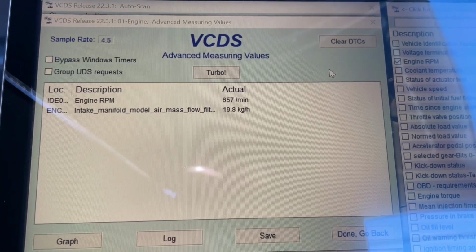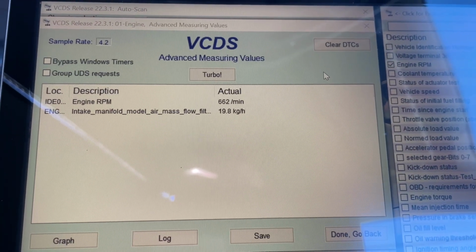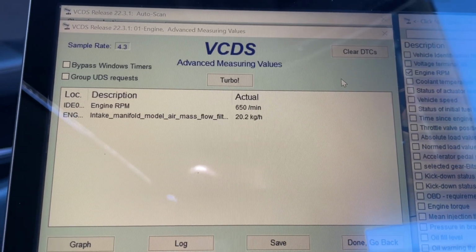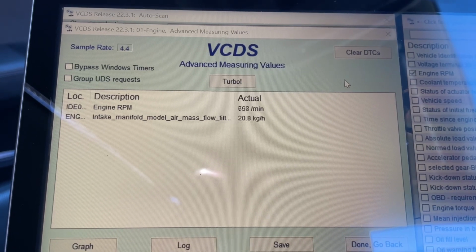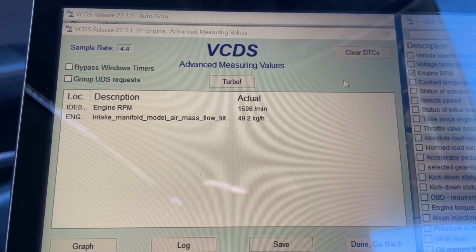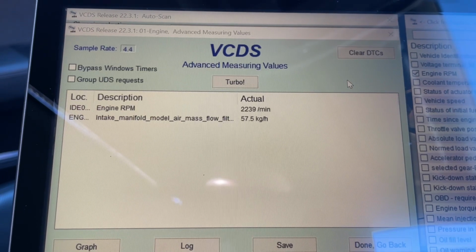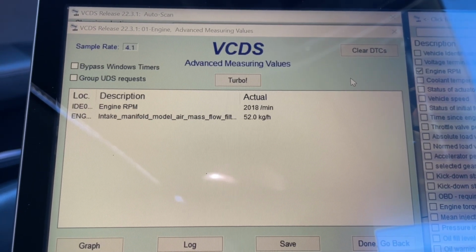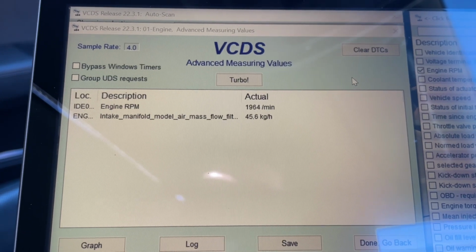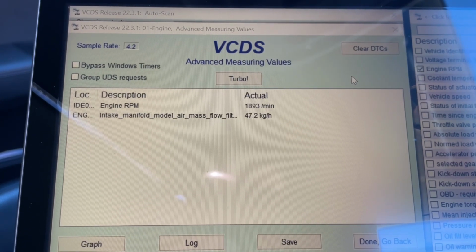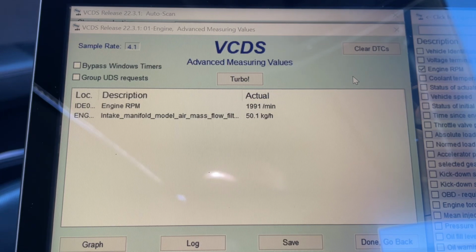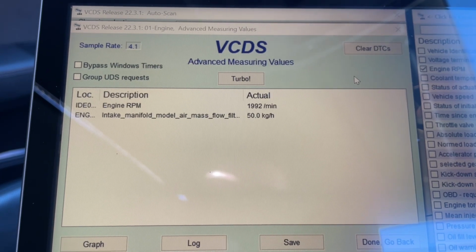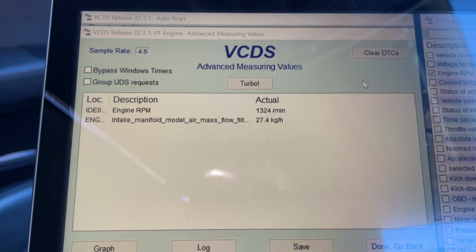Now let me rev to 2000 and let's have a look what sort of figures we're gonna get at 2000 RPM. Difficult to catch 2000, but let's say roughly we get around 50.